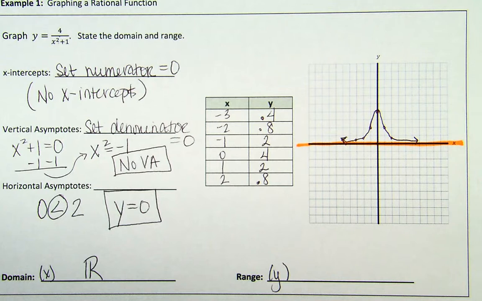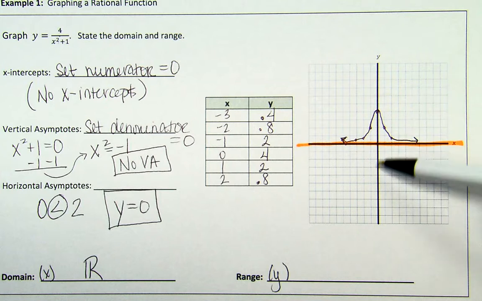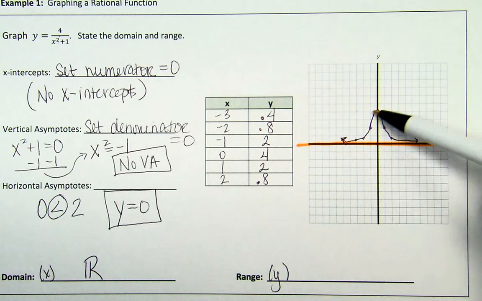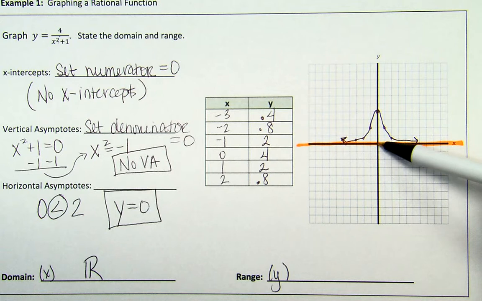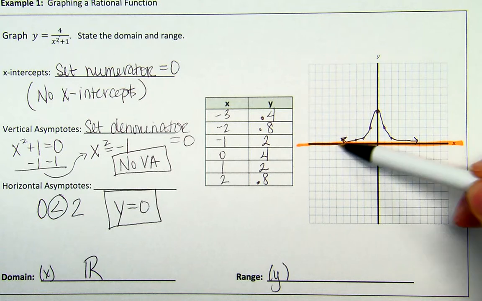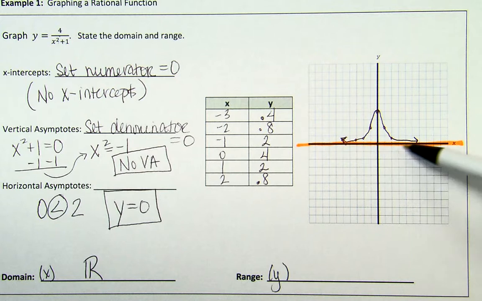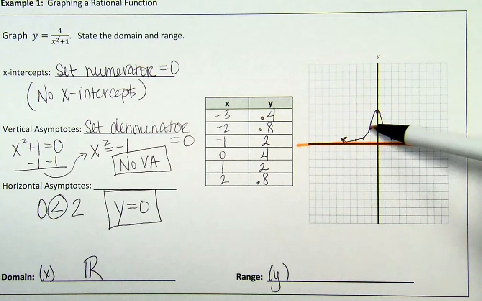Your range deals with your y, so you're going to look up and down on your y-axis. You know that your graph is in the positive y's. You have no negatives. You get closer and closer to y equals 0, but you're never going to actually touch it, because if you touch the y equals 0 line, you would be touching your horizontal asymptote, and your graph cannot cross it.